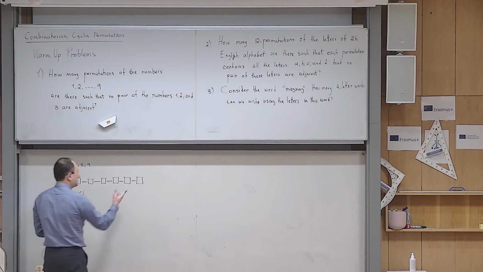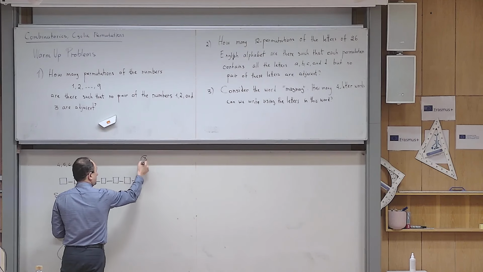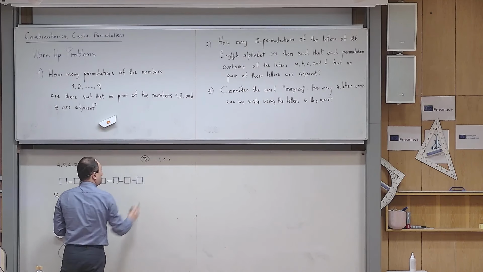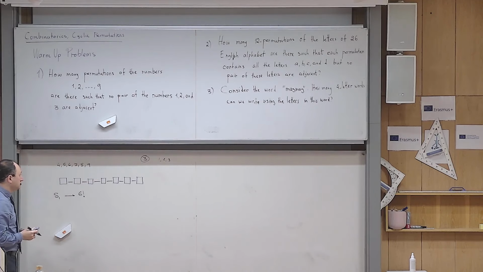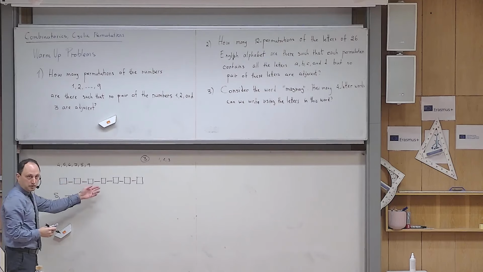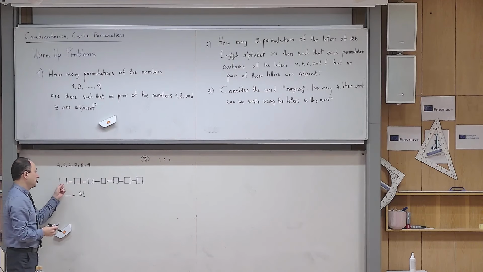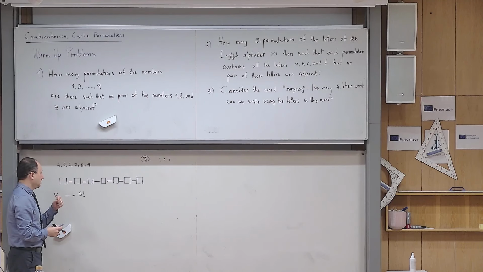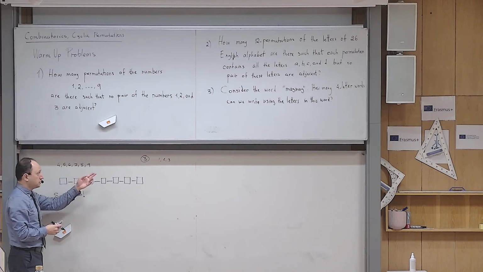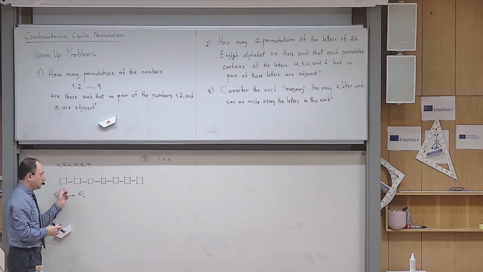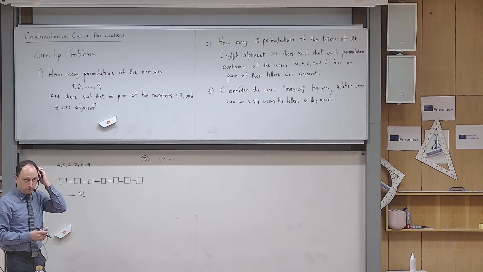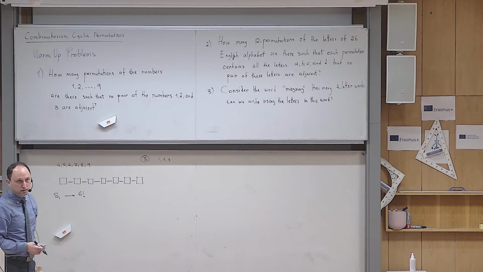Objects that I have are 3 problematic objects, 1, 2, and 3. But how many boxes do I have? I have 7 boxes, these blue ones. So I have 3 distinct marbles, and I have 7 distinct boxes. I want to distribute the marbles in the boxes so that each box receives at most 1. Yes, and that's exactly the model we discussed.